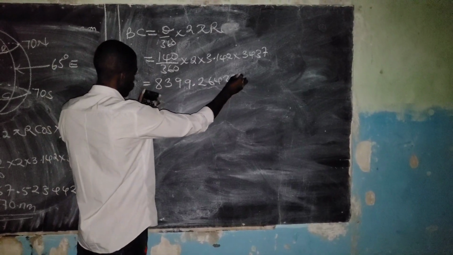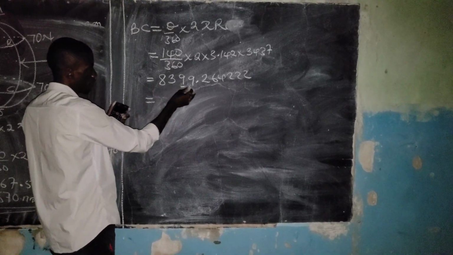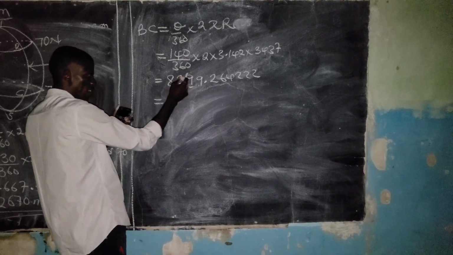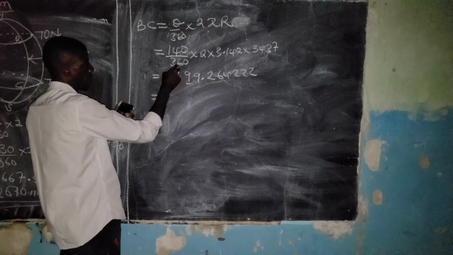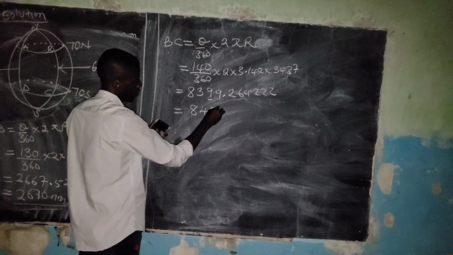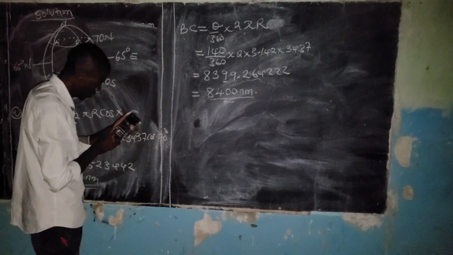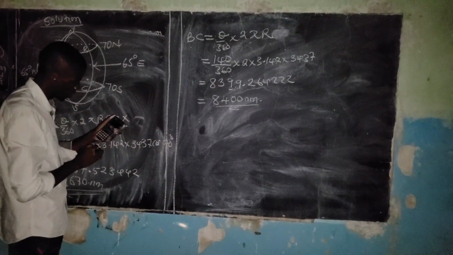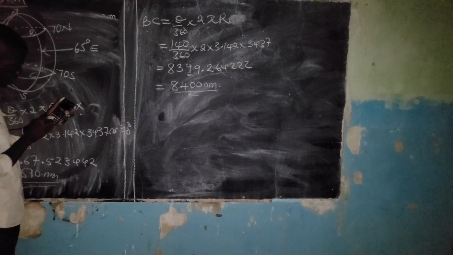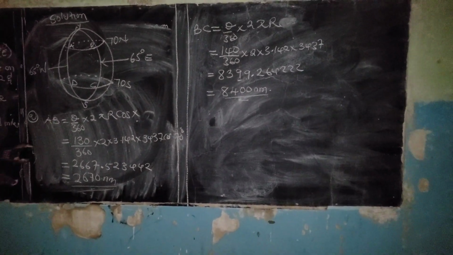Rounding to 3 significant figures, when you look at 9, you add 1 to it, 9 becomes 10. You don't write 10, but you push another one to the next number. So this one becomes 4. So we are going to have 8400 nautical miles. So that is how we find the distance along great circle in nautical miles.